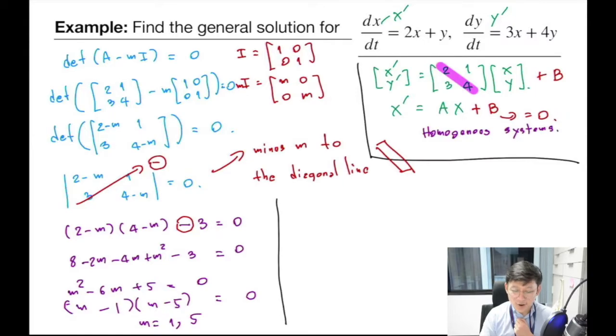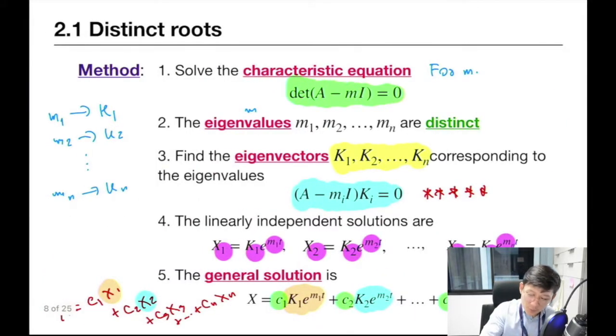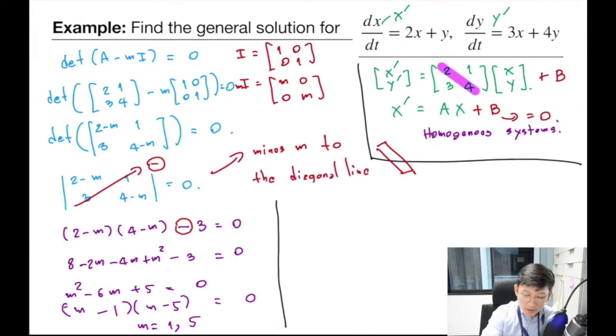So right now we are here, right? We solved the characteristic equation, we get the eigenvalues, and as you can see, they are all distinct. You get 1, and then you get 5, which are different.